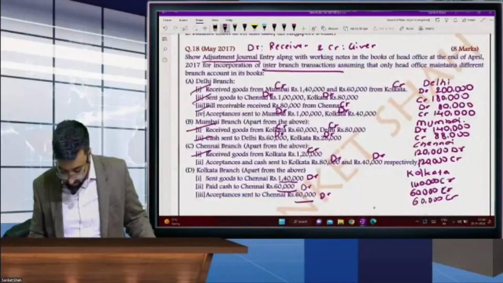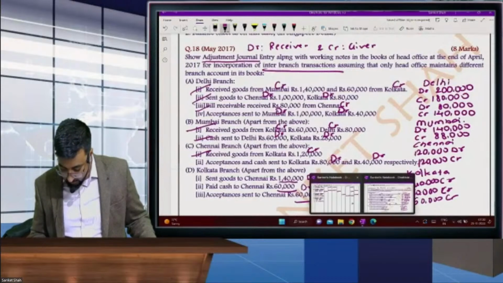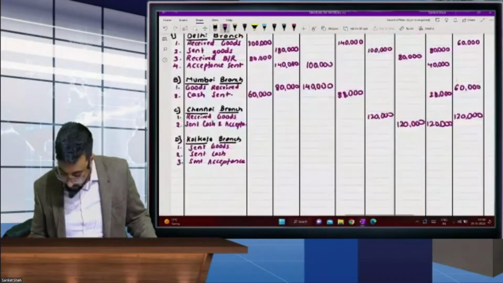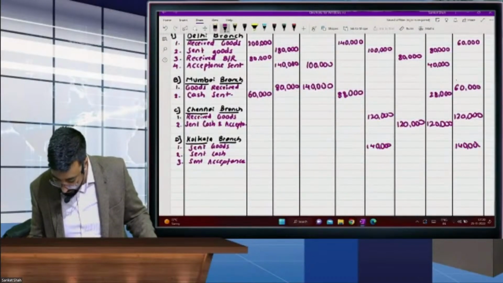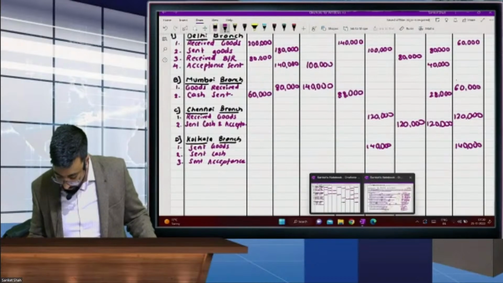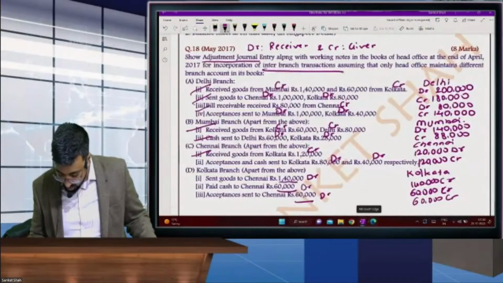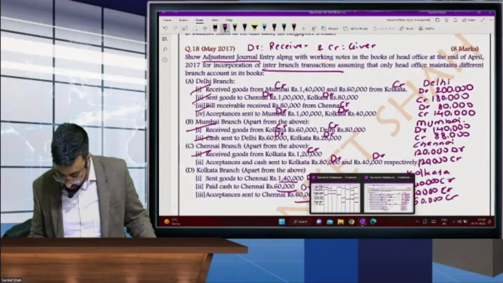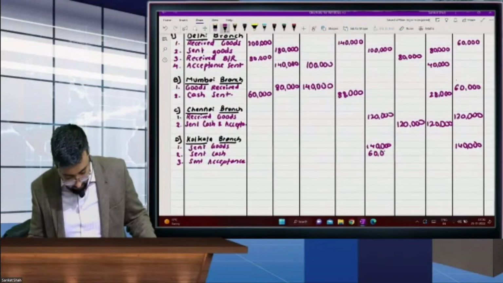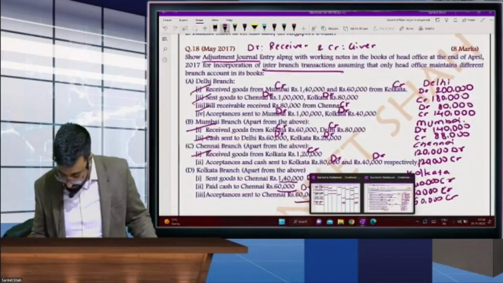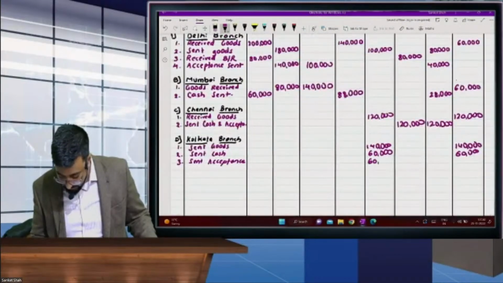Sent goods. Chennai 140 debit. Kolkata 1,40,000 credit. Then you have paid cash, Chennai debit, Kolkata credit. And here also 60,000 debit, 60,000 credit.